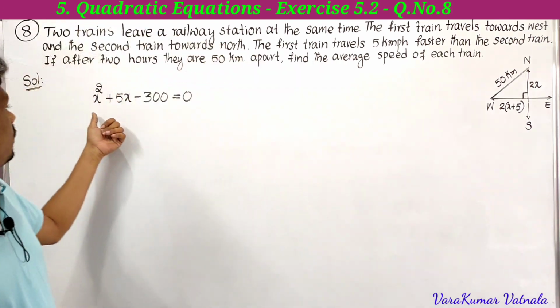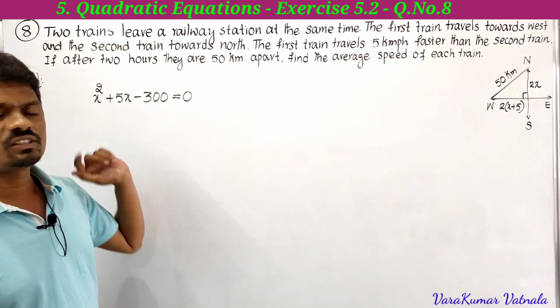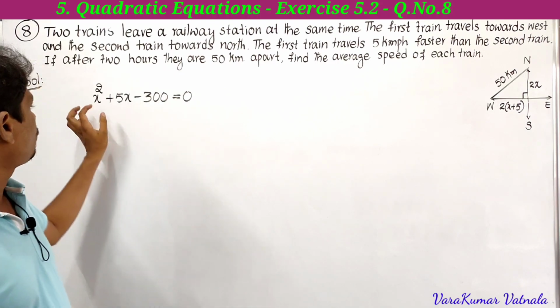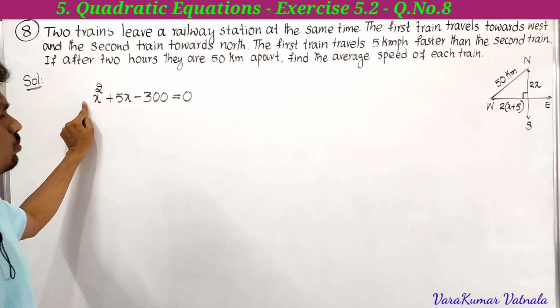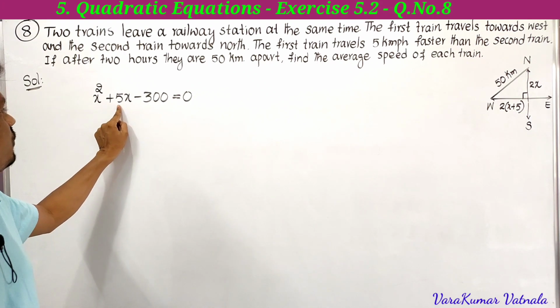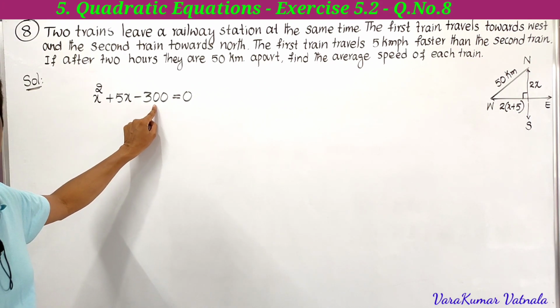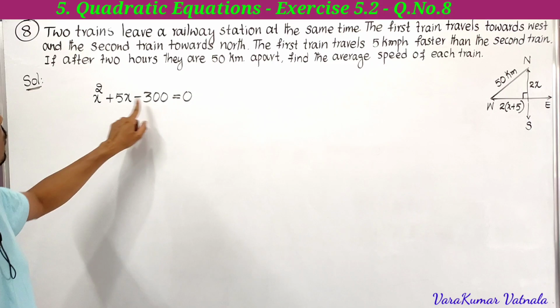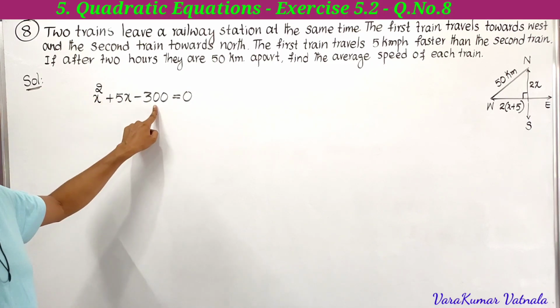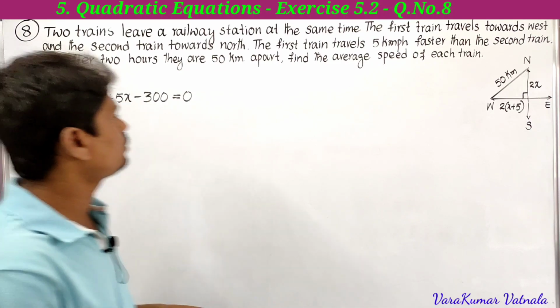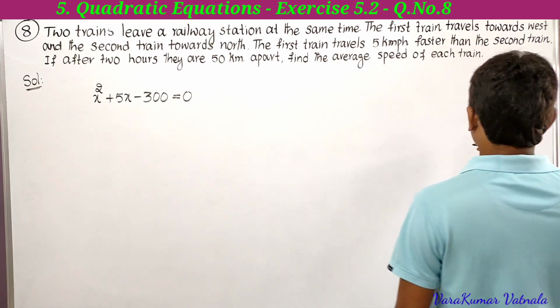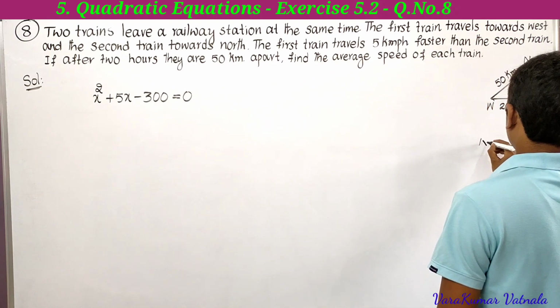We have x square plus 5x minus 300 equal to 0. Here the coefficient of x square is 1 and the coefficient of x is 5. Constant is minus 300. Multiply the coefficient of x square with the constant, that is 1 into minus 300, we get minus 300.